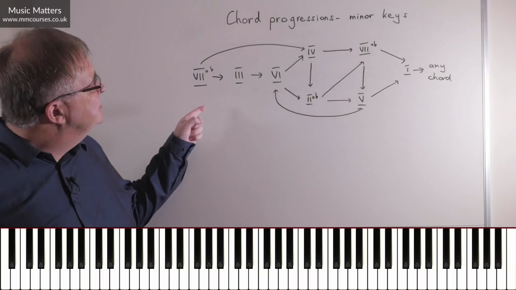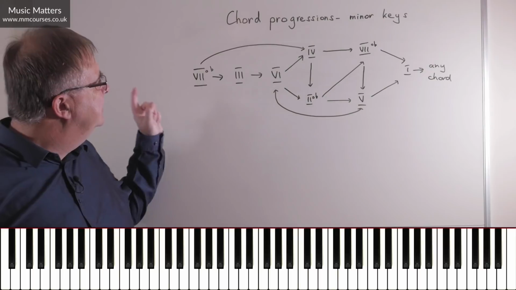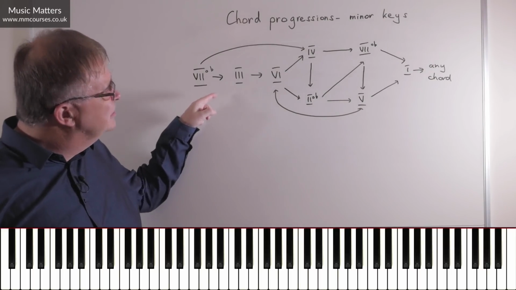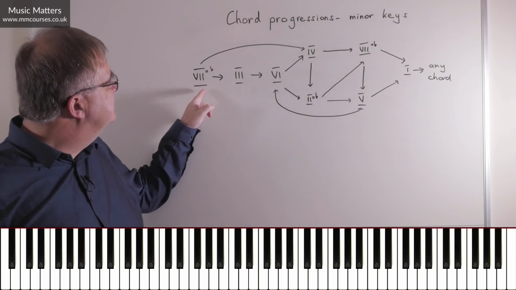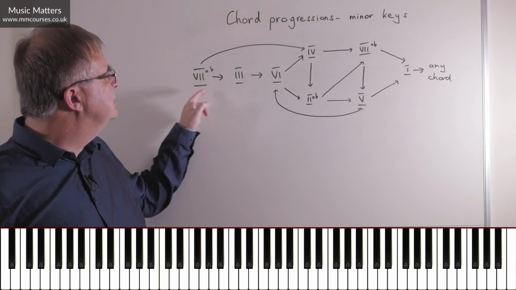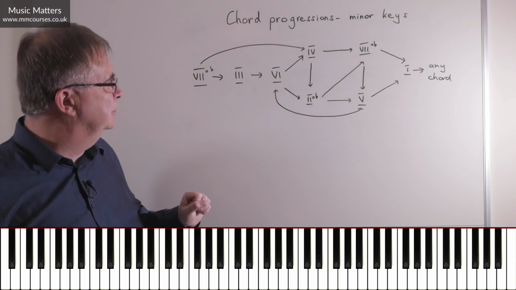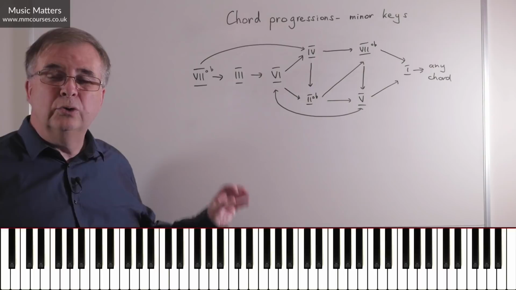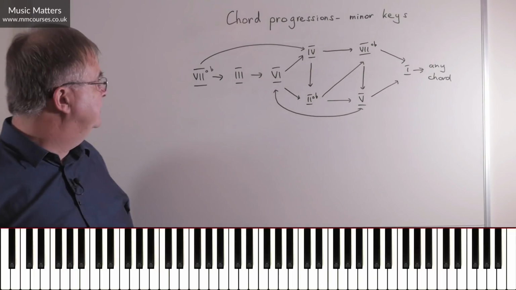So I'm not suggesting at all that a piece of music would start on chord 7B, but I am suggesting that 7B doesn't progress to many options, so it's not a bad place to start. And with 7 and 3 being the least likely chords that you're going to use, it's handy to explore them a little bit. Though, as I said in the film on major chord progressions, chord 7B has more use than a lot of people give it credit for.